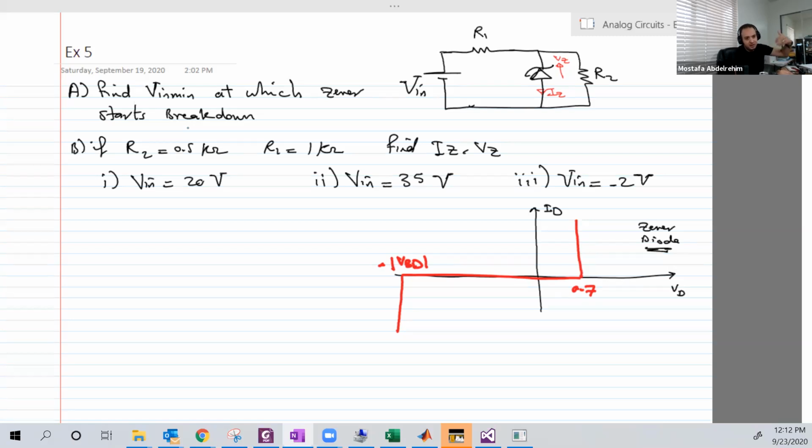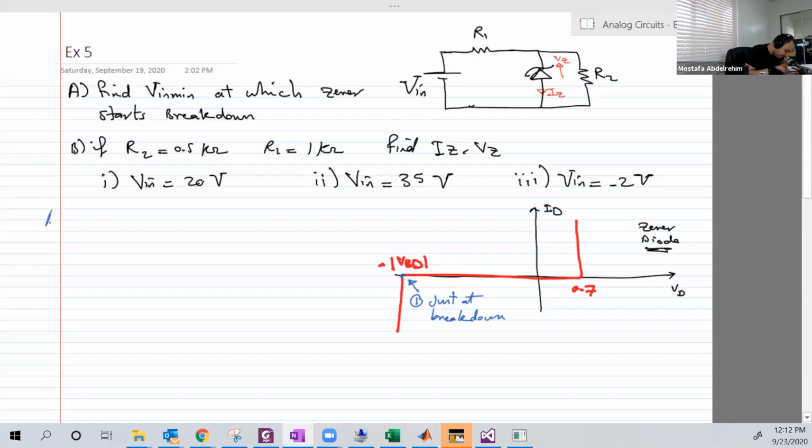Actually, I did the previous example in order for you to understand this one. So we need to determine the minimum input voltage that will just turn the Zener into breakdown. I mean, it will be working at that point, just at breakdown.